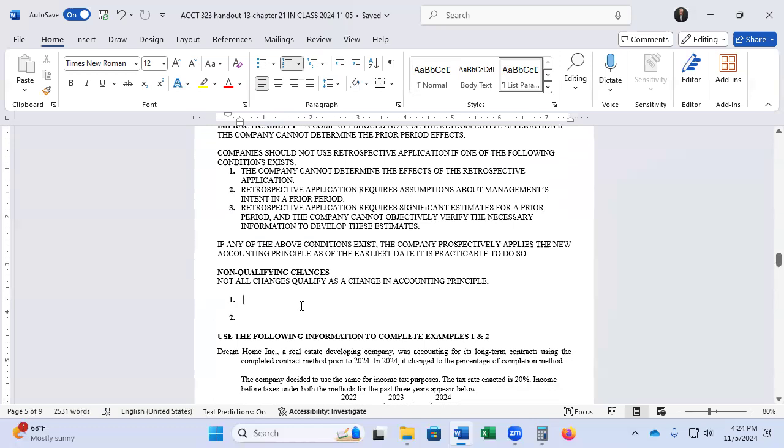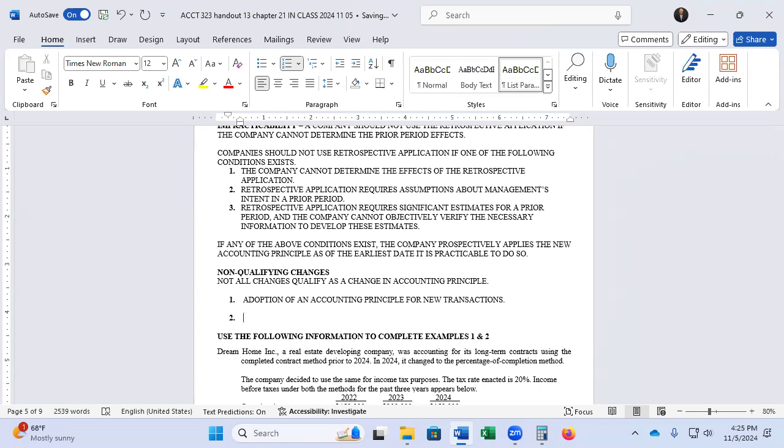Now, there are a couple of non-qualifying changes. Not all changes qualify as a change in accounting principle. One is the adoption of an accounting principle for new transactions. If it never applied to you before, you don't need to go back and restate it.